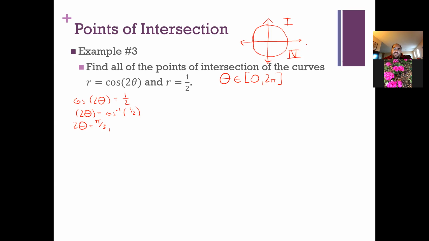Because of that, x is positive in the first and the fourth quadrant. So one angle I'm going to get is pi over 3. But I'm also going to get it from the same reference angle in the fourth quadrant. That'll be 2 pi minus pi over 3, or 5 pi over 3.